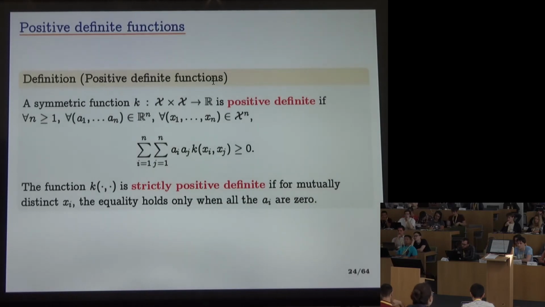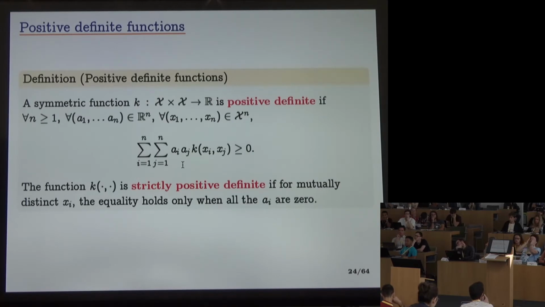What is positive definiteness? Let's say that I have n points, x1 through xn, and n scalars, a1 through an. These scalars can be positive or negative, it doesn't matter. Let's say I take this double sum of ai aj k(xi, xj).